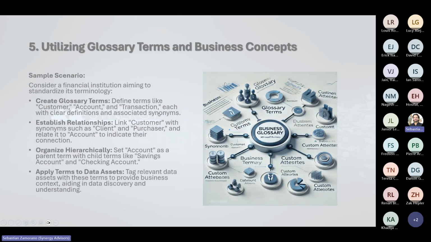A sample scenario is we can define terms like customer, account, or transaction, and we can associate synonyms for these. We can establish the relation between customer, client, purchasers, account. We can organize that to identify several pieces of information.